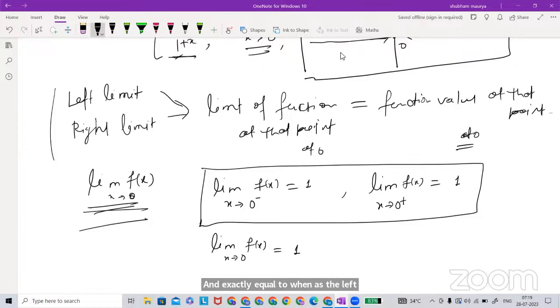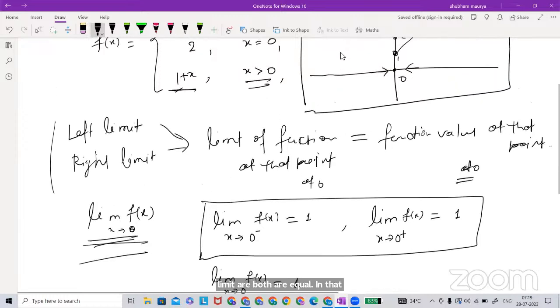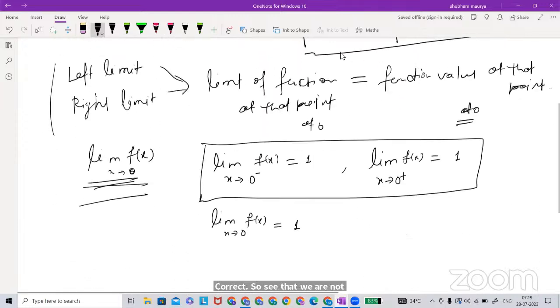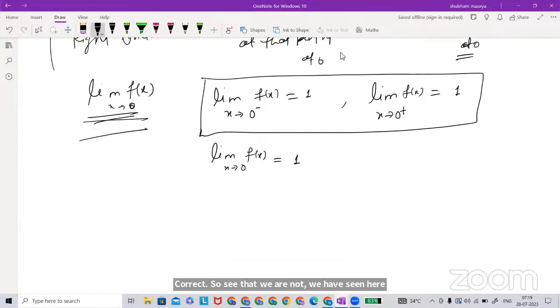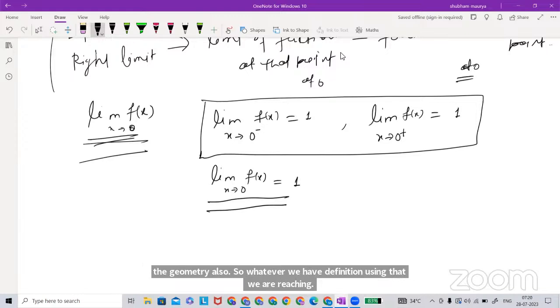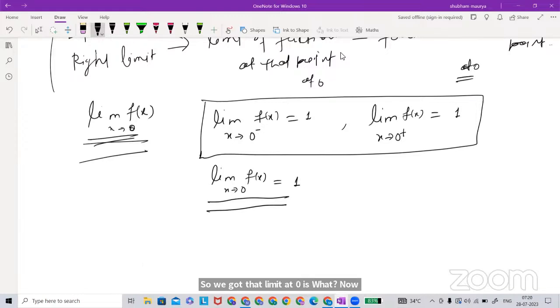We have seen this graphically, but here we are doing it algebraically, more purely mathematically, not even thinking about the geometry. Using the definition, we got that the limit at 0 is 1. Now let's find the function value. To check continuity, the limit value should be exactly equal to the function value. The function value at 0 is 2.